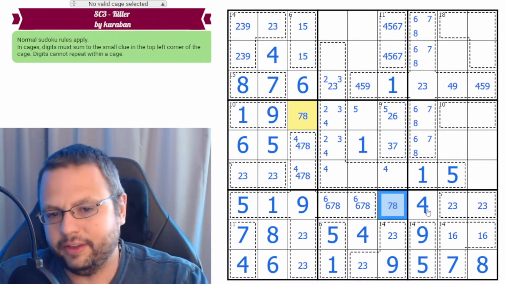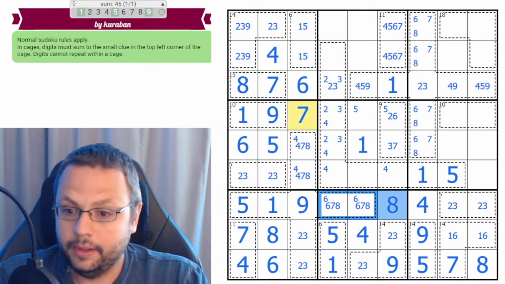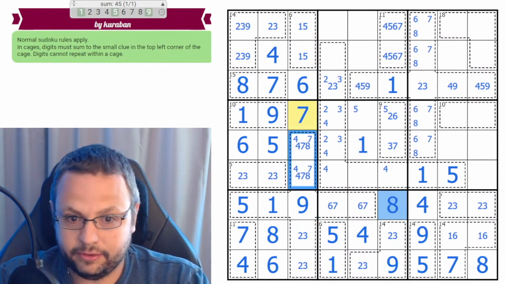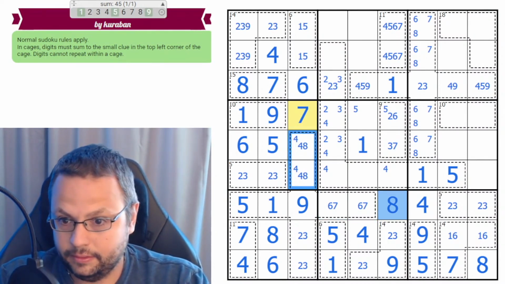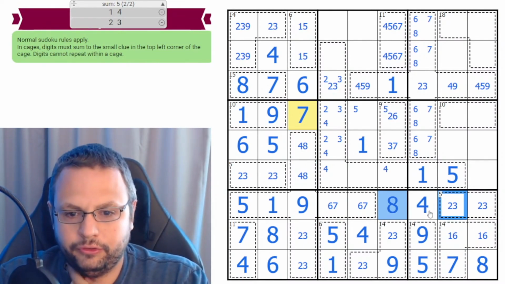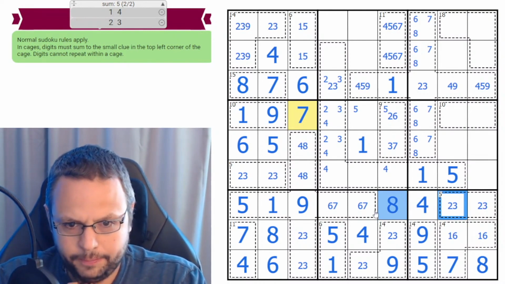So the point is this cell can't be a 7. It's an 8. And so that cell's a 7. So these aren't 8. These aren't 7. Okay, and so that's going to start to peel things apart, I think, hopefully.